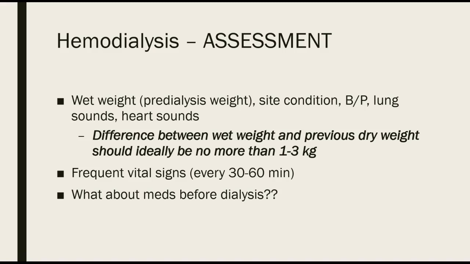If somebody has a very low blood pressure, it would be concerning to go through with dialysis because you're pulling off even more fluid. So that is something that you have to check and make sure the blood pressure is okay. They might require a bolus of fluids during their dialysis to increase the blood pressure. Lung sounds and heart sounds are also very important to see how much fluid volume is happening, the fluid overload in the lungs and the heart potentially.